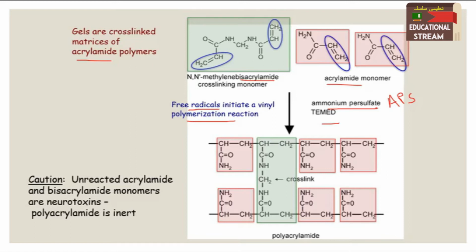Along with TEMED, it is used to catalyze the polymerization of acrylamide and bisacrylamide. When the APS is not available, then we use another important reagent which is known as riboflavin, but mostly we use APS for carrying out the polymerization of acrylamide and bisacrylamide.